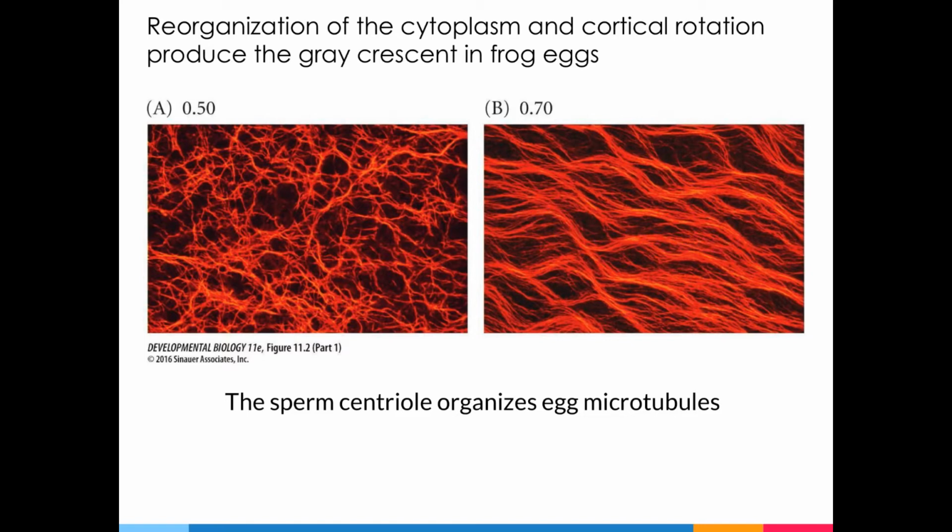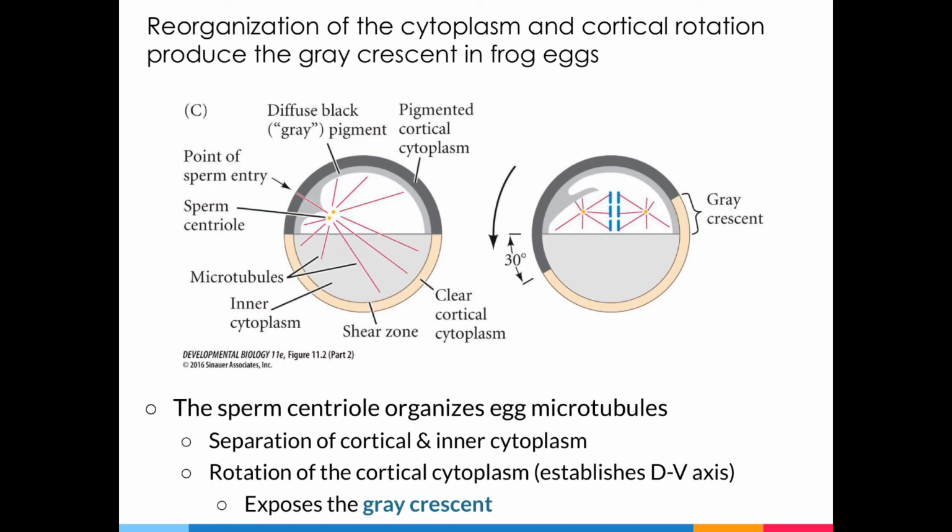And that rearrangement of the microtubules is achieved by the microtubule organizing center of the sperm. As a result, the outer cortical cytoplasm is able to move independently of the inner yolky cytoplasm. In this way, the microtubules allow the cortical cytoplasm to rotate with respect to the inner cytoplasm.